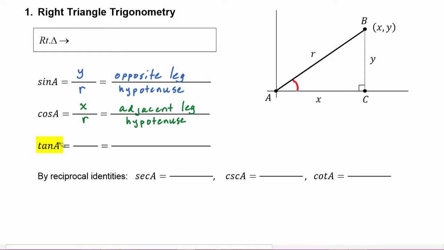And tangent of angle A, we know by definition, is equal to y over x, and y was the opposite leg, and x is the adjacent leg.